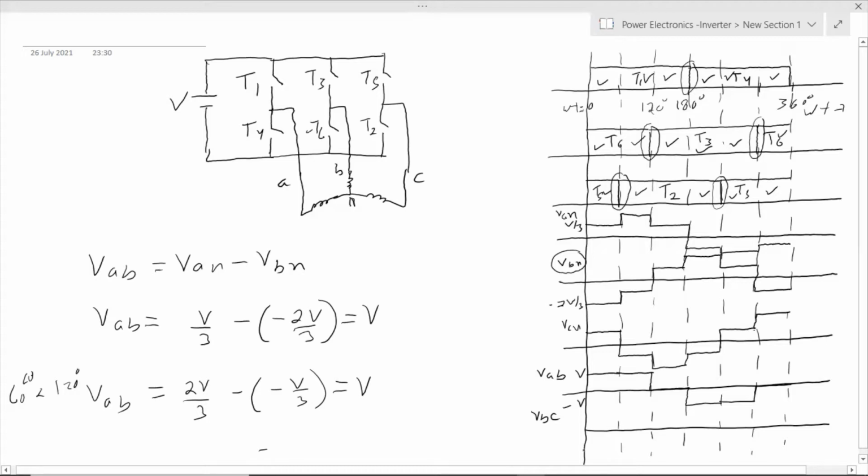So reversing, it will be V. And then in the next cycle, VBN is minus V by 3 and VCN is minus V by 3. So it will be 0 here. And then next, VBN is plus V by 3 and VCN is minus 2V by 3. So it will be plus V. So you can see it is just coming like this.